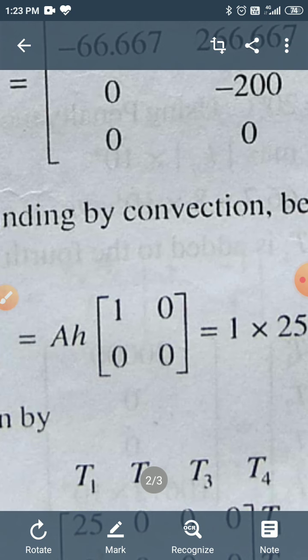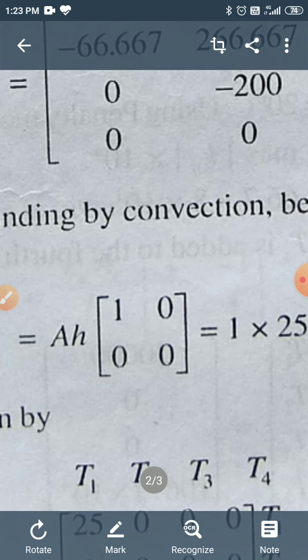In the previous problem the convection was on the right side, and at that time we considered the stiffness matrix as AH into 0 0 0 1. But in this case the convection is taking place at the left side, so we have to consider the matrix 1 0 0 0.